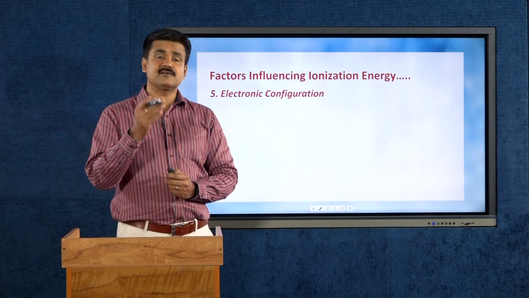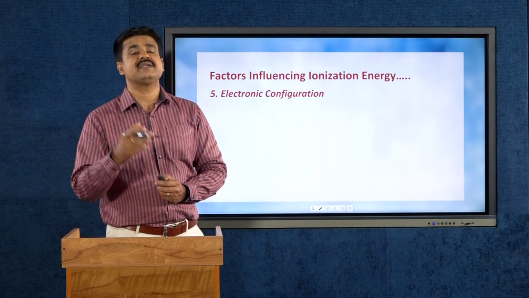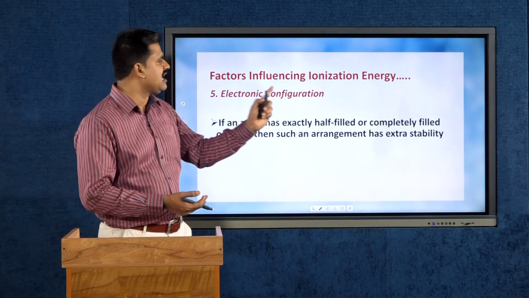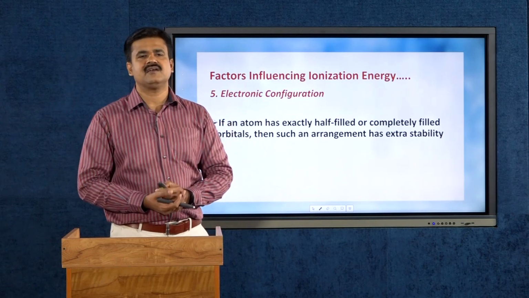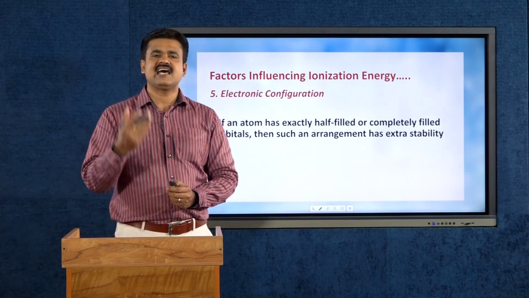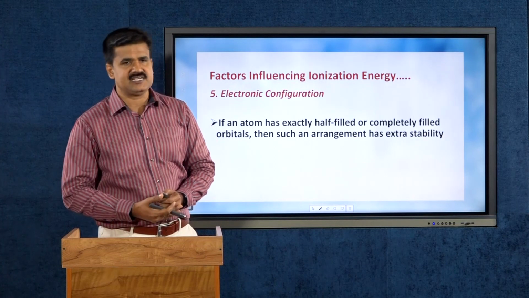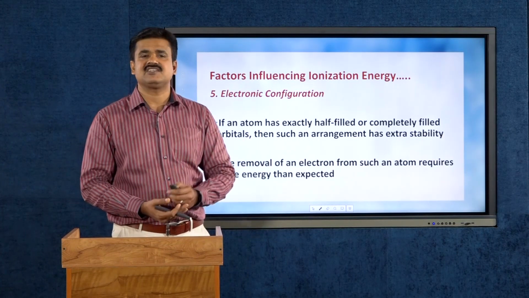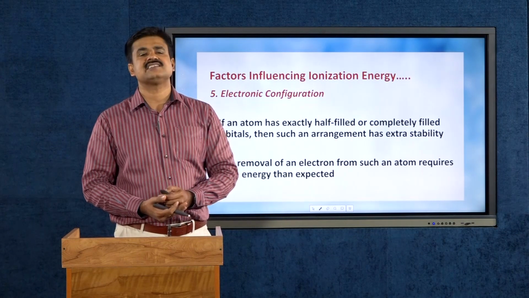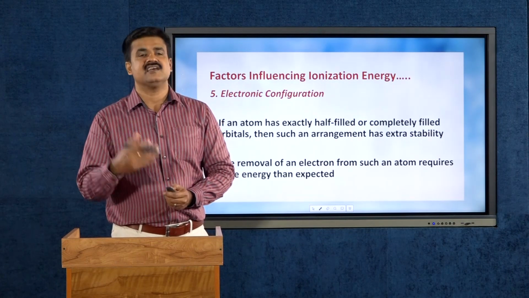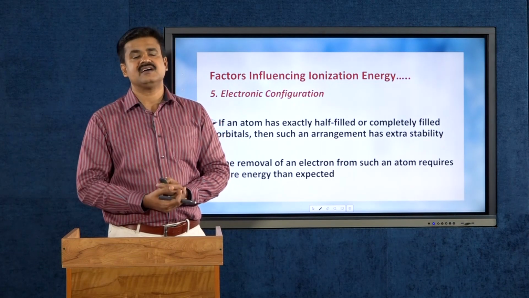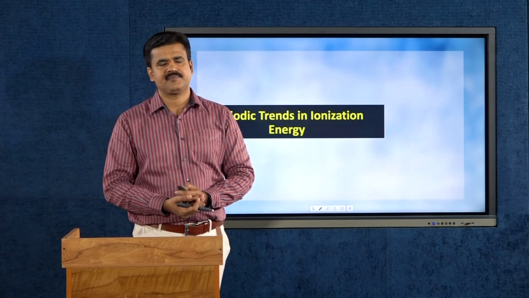That is, if electronic configuration is stable, ionization energy will be high. If an atom has exactly half-filled or completely filled orbitals, then such an arrangement has extra stability. The removal of an electron from such an atom requires more energy than what we expect. That is, the more stable the electronic arrangement, the higher will be the ionization energy.